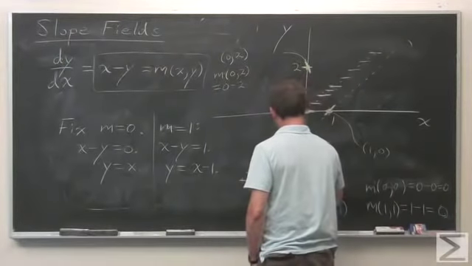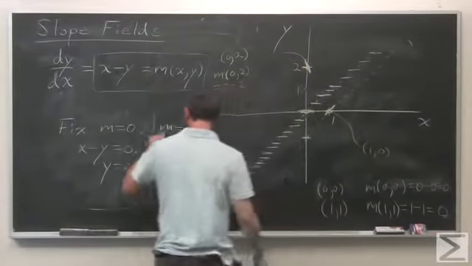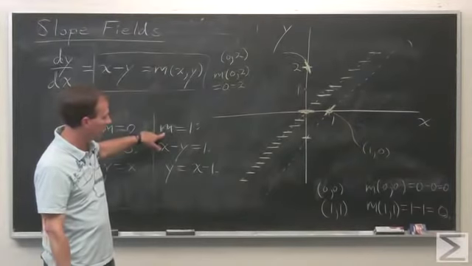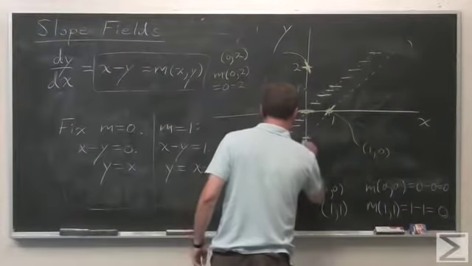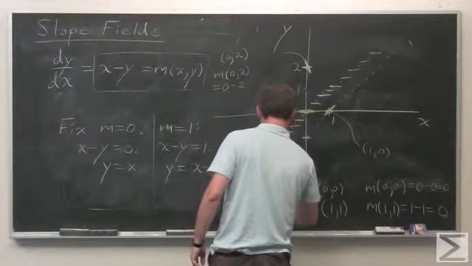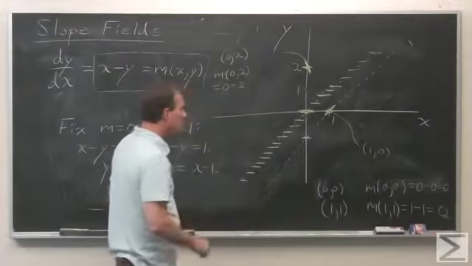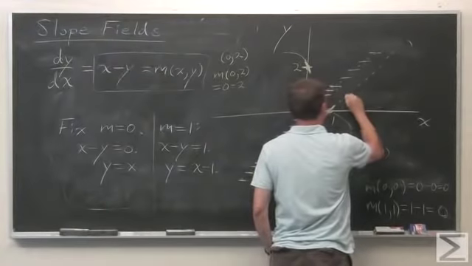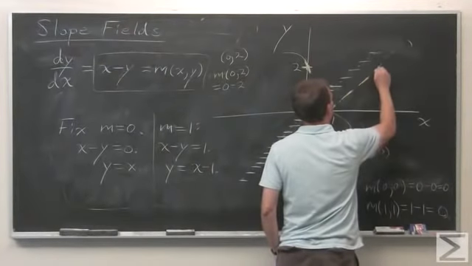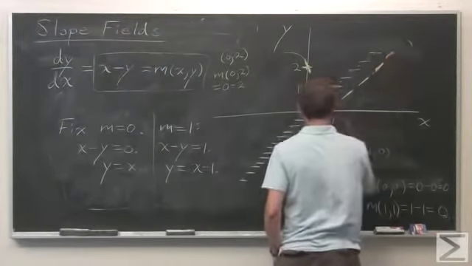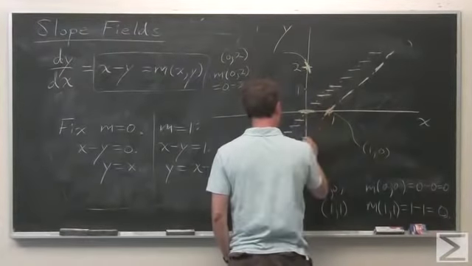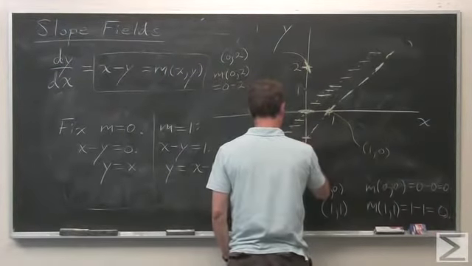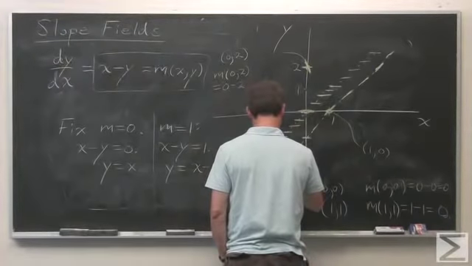And along that line, our slope field should consist of a bunch of little line segments of slope 1, which is the same as this slope. So it goes in the direction of the line, but that's unusual. Like these little line segments weren't right on top of the line.